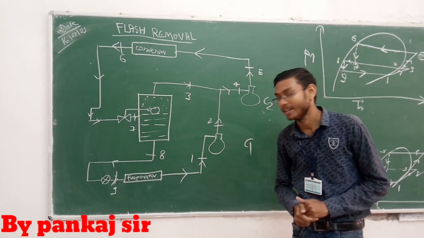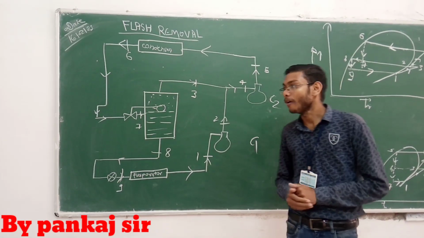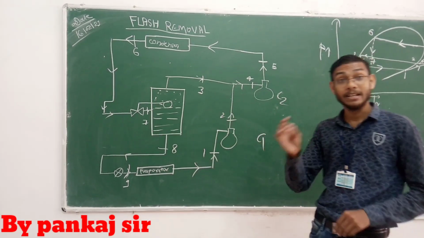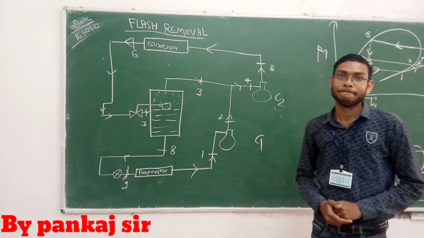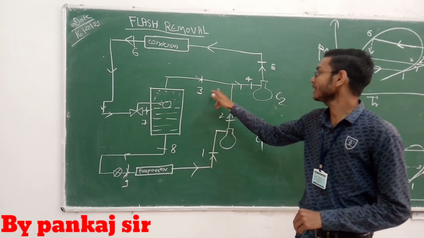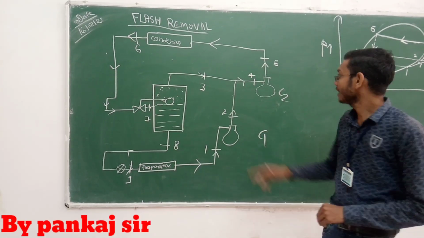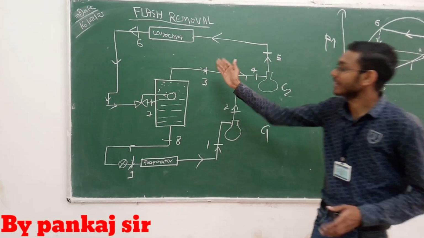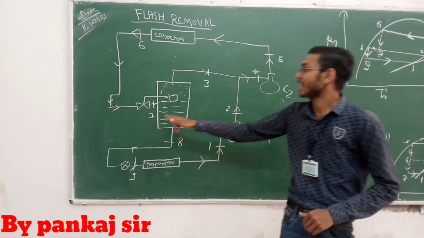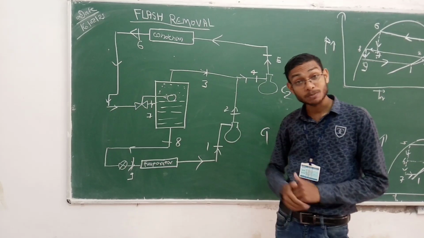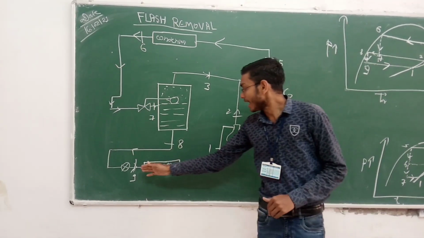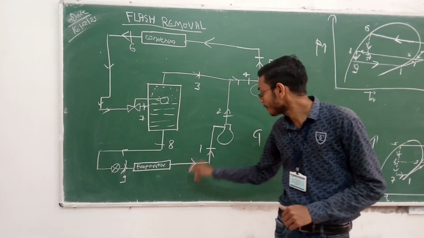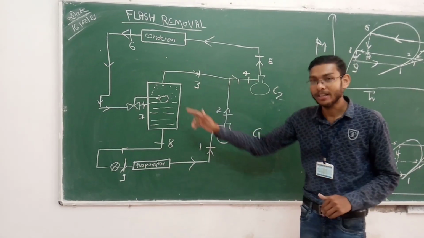Now in the first process we are seeing that with the help of a secondary compressor we are trying to make the saturated flash into superheated vapor, and that superheated vapor is going to be compressed by the secondary compressor to the condenser, and from the condenser to the expansion valve, from the expansion valve to another expansion valve, and finally through the evaporator, and the same cycle is going to run again.